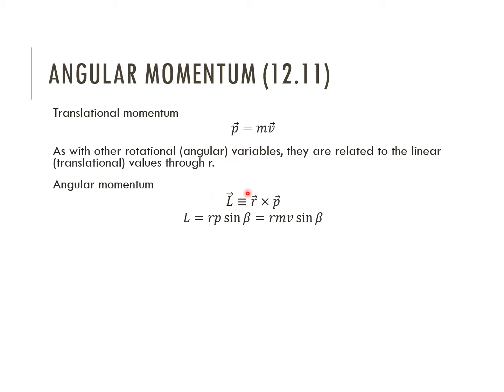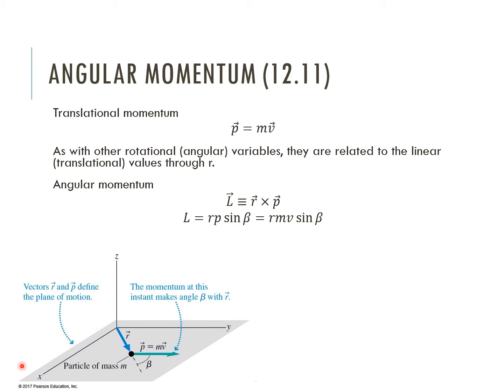So again, we have the r value being multiplied by the translational variable. Here it says a cross product, but we could also do it where we have these scalar values. And here beta is just going to be the angle between r and p.